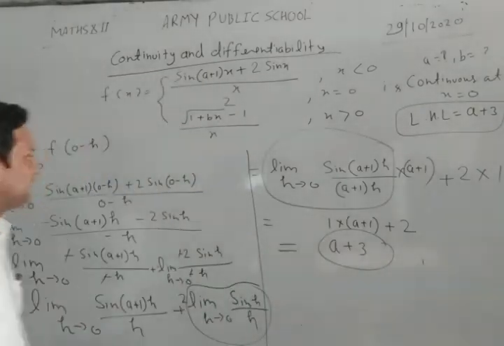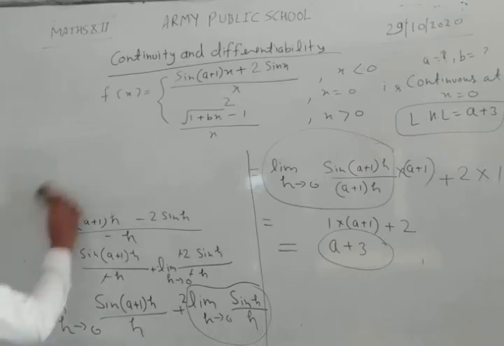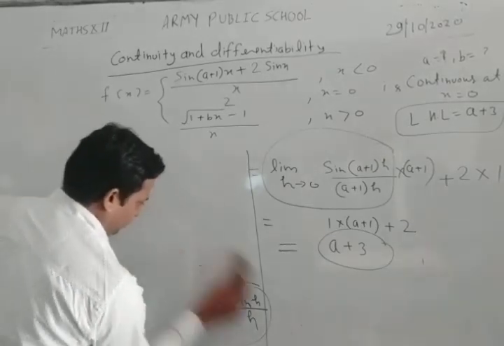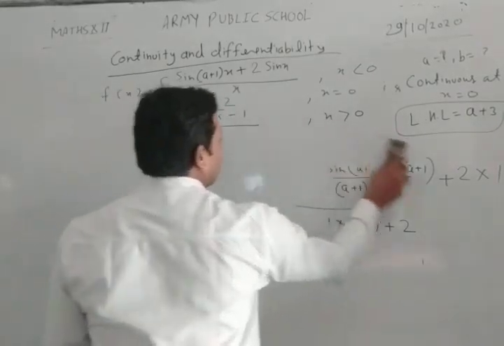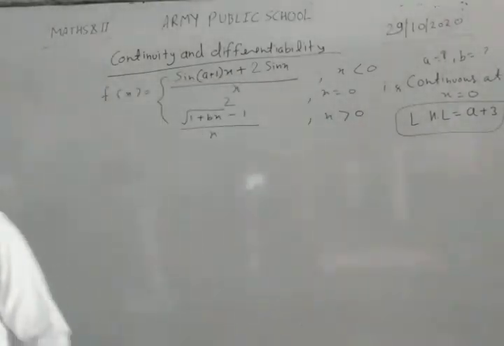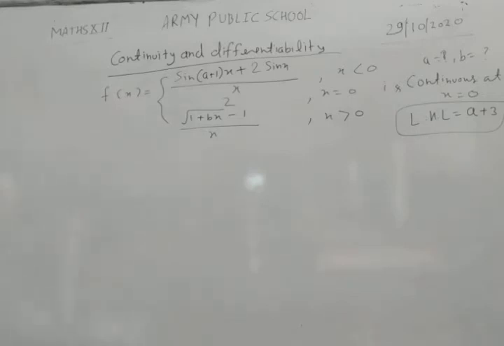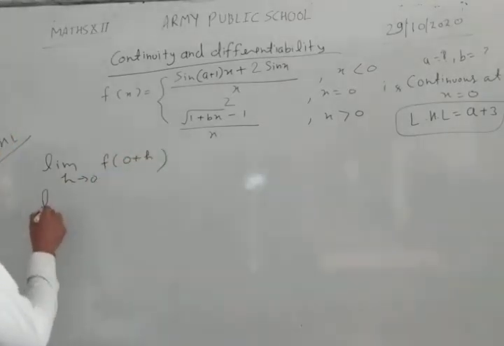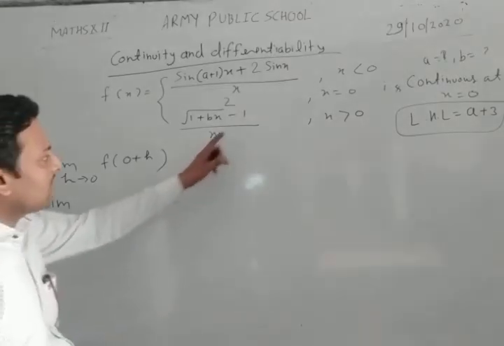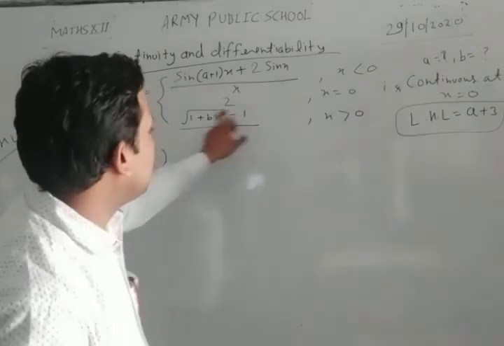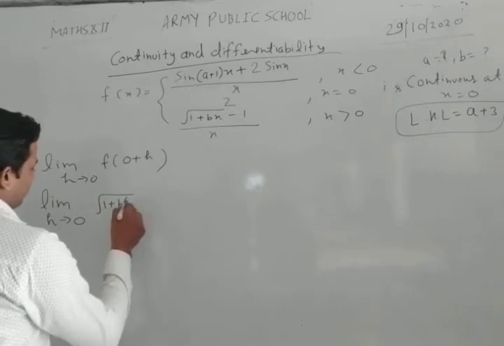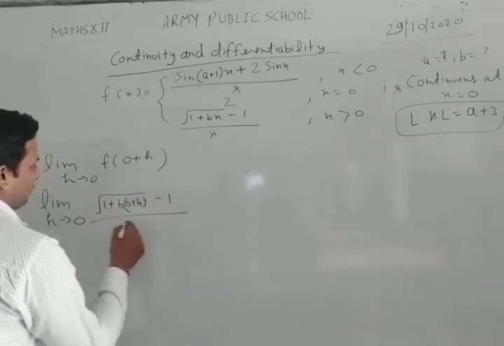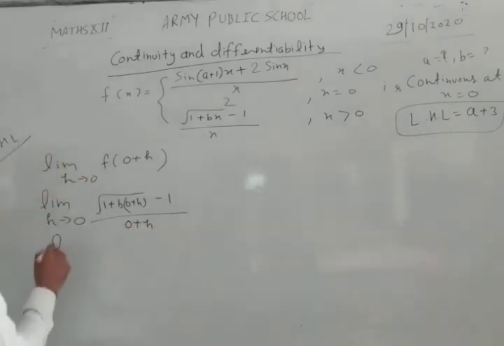Now we will find our right hand limit. For x greater than 0 the function is this, so we write limit h tends to 0 of (√(1+b(0+h)) - 1)/(0+h).